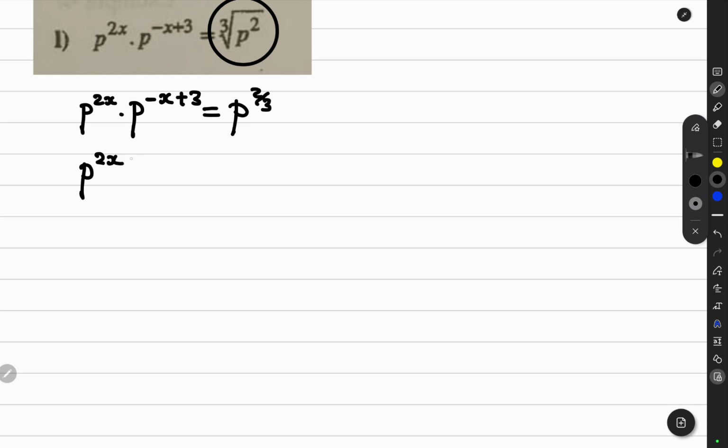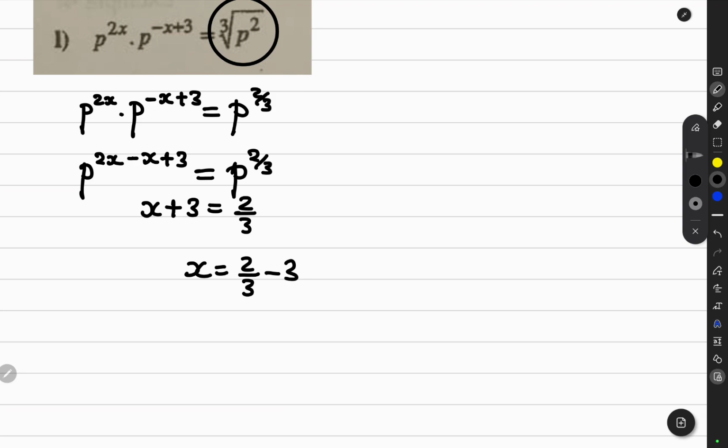So this is the same as plus minus, which is minus x plus 3. And the right hand side will be p to the power 2 over 3. So you're going to leave out the base, you equate the exponent. 2x minus x will be x plus 3. You equate to 2 over 3, and this will be x equals 2 over 3 minus 3.